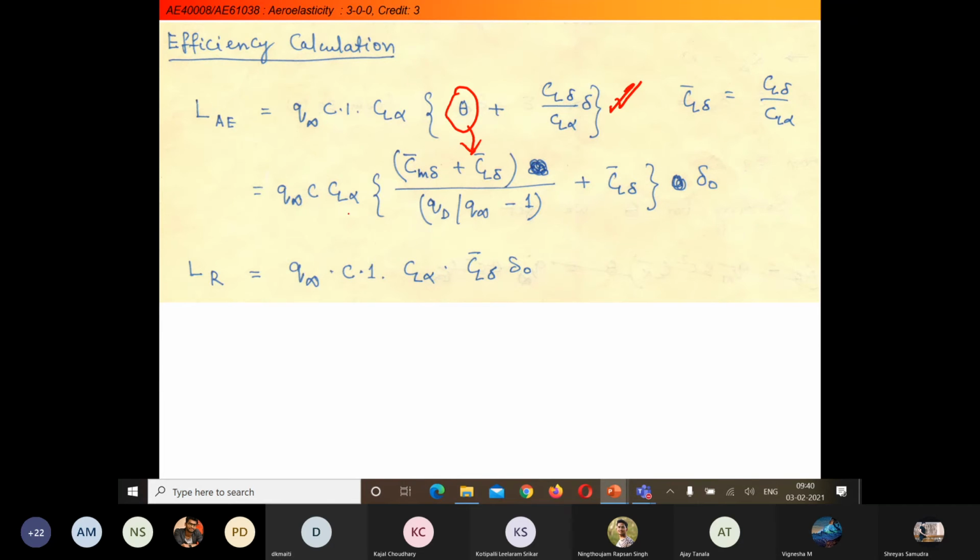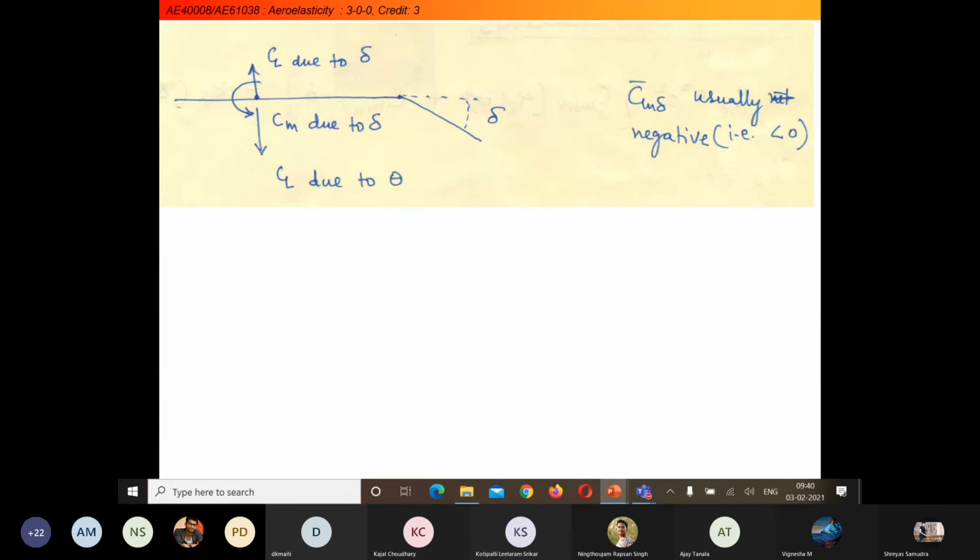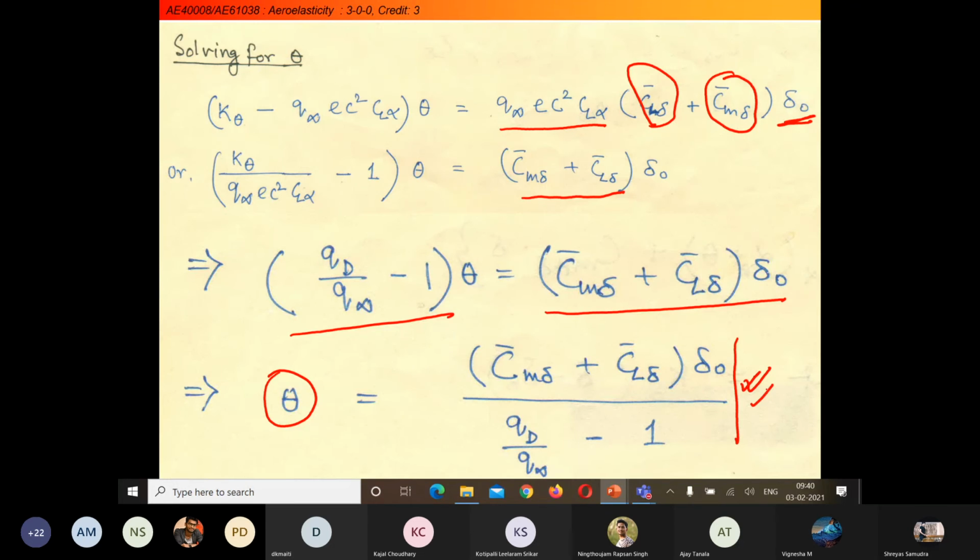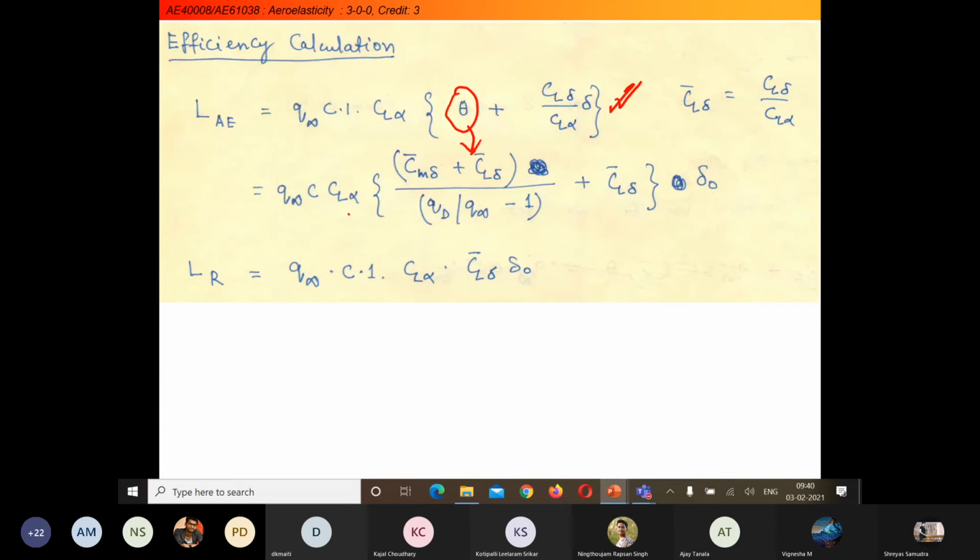So Q infinity c into Cl alpha, I have substituted here Cm delta bar plus Cl delta bar, this whole thing divided by QD by Q infinity minus 1. Whatever I have solved in the expression here, I have substituted in this to find out the value of the aeroelastic lift and the rigid lift.